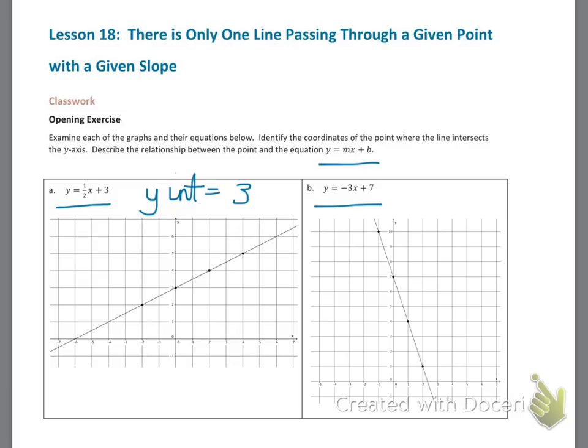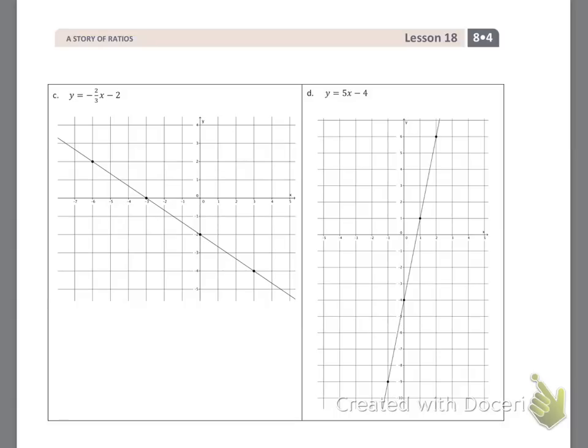The next one, the y-intercept, you should have done these already, is 7. On C, now this one is crossing the y-axis at a negative value, so the y-intercept is negative 2. And then on the fourth graph here, the y-intercept is negative 4.